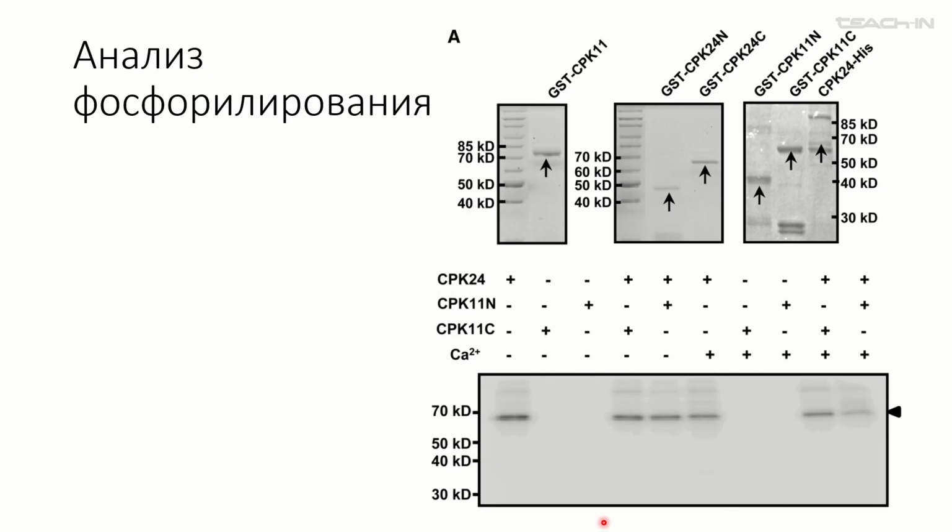В предыдущем эксперименте была целиковая CPK-11 и 2 части CPK-24, здесь наоборот. И здесь мы видим, что вне зависимости от наличия кальция, когда CPK-24 присутствует в образце, происходит автофосфорилирование CPK-24.